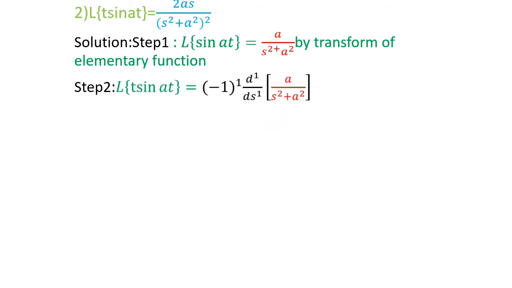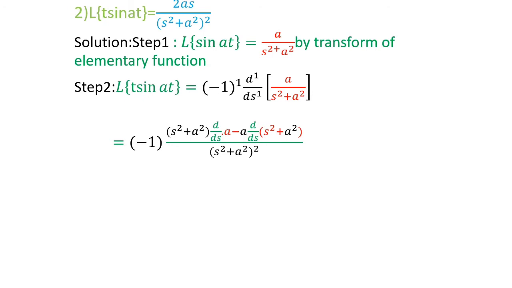Now using the same formula, multiplication by t to the power n, we differentiate the value of F dash s, and here F dash s is a upon s square plus a square. Now we simply differentiate this expression.